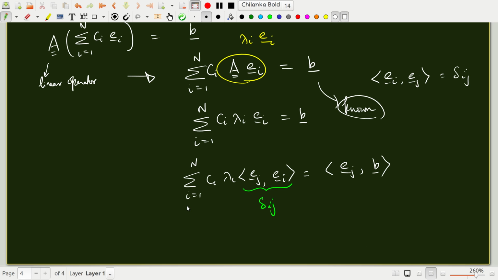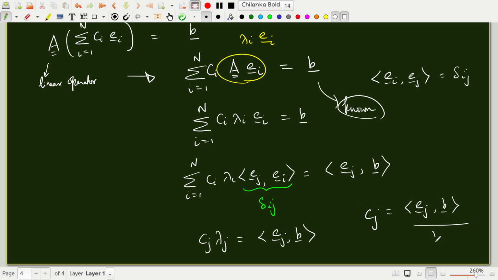So this delta ij with this summation will change the Ci to Cj, and the lambda i to lambda j, is inner product of Ej and b, or Cj is the inner product of Ej and b divided by lambda j.